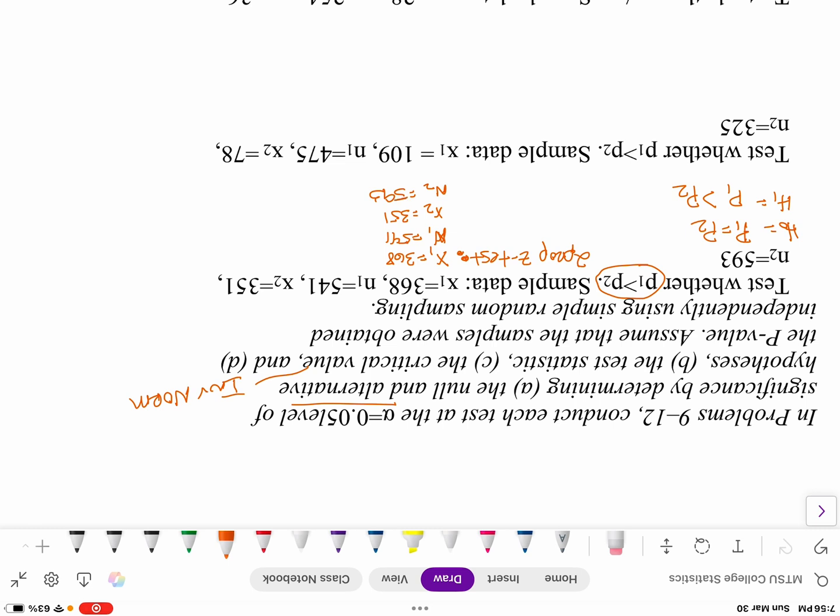And then the next thing we have to do is choose that we are greater than, P1 is greater than P2. So with that in mind, let's split our screen and get a TI-84 calculator up here.